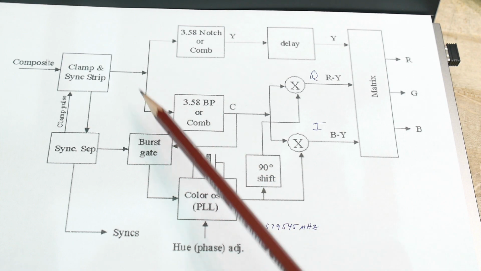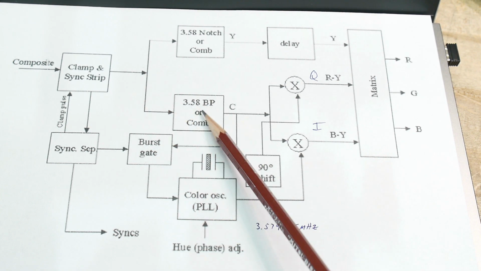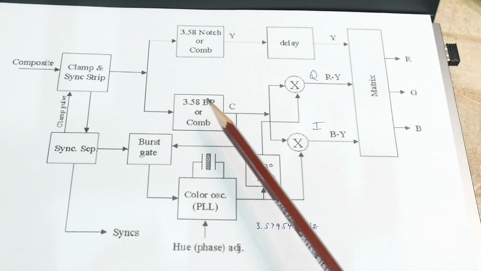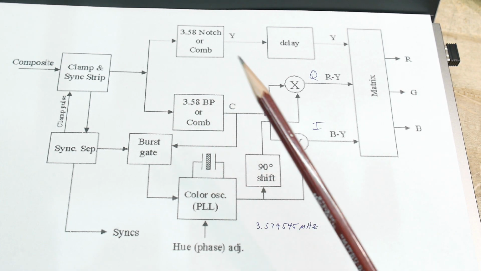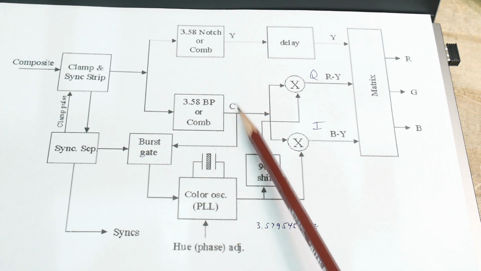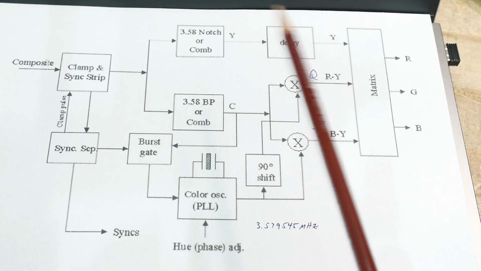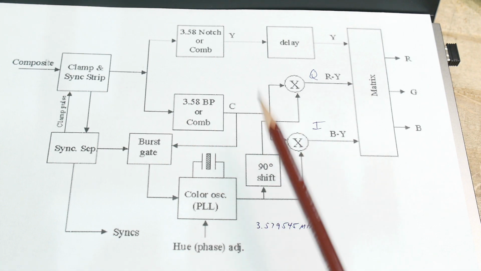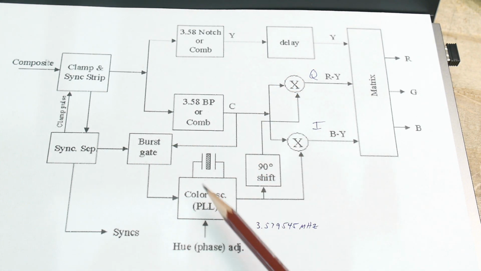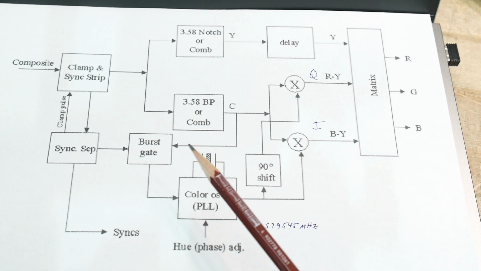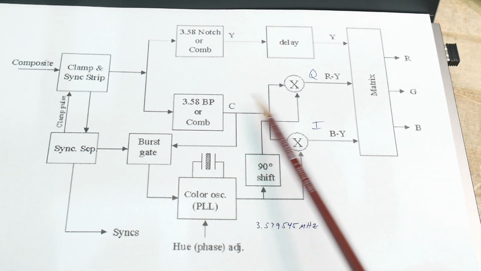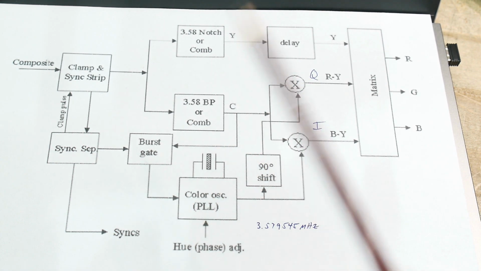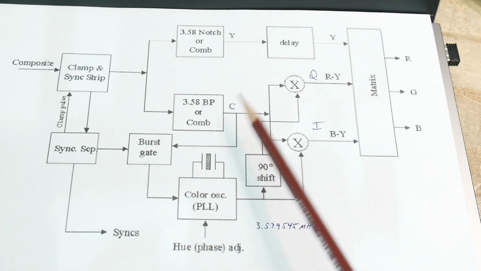Then you're going to bring in the same signal, and you're going to again strip off the color burst, but you're going to let through everything else, and you're going to end up with the little wigglies. Remember the little wigglies? They're going to come into here, and you're going to mix them with the phase lock loop that you have. So you're going to try to demodulate them. All right. So you have the signal and you have the phase lock loop, and you're going to run them into a mixer, and that mixer will give you the phase difference of the two, right?